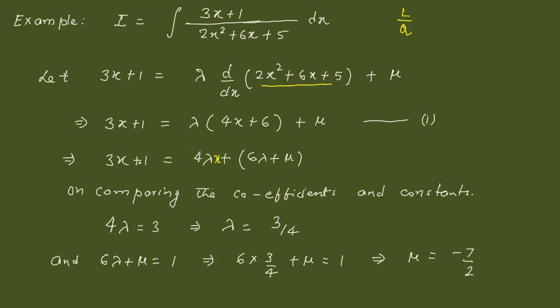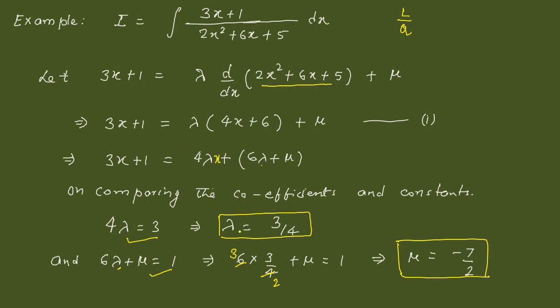Now we can compare the coefficients of x to get 4 lambda = 3, and 6 lambda + mu = 1. From here we get lambda = 3/4, and substituting this lambda, we get mu = 1 - 9/2, which is negative 7/2.